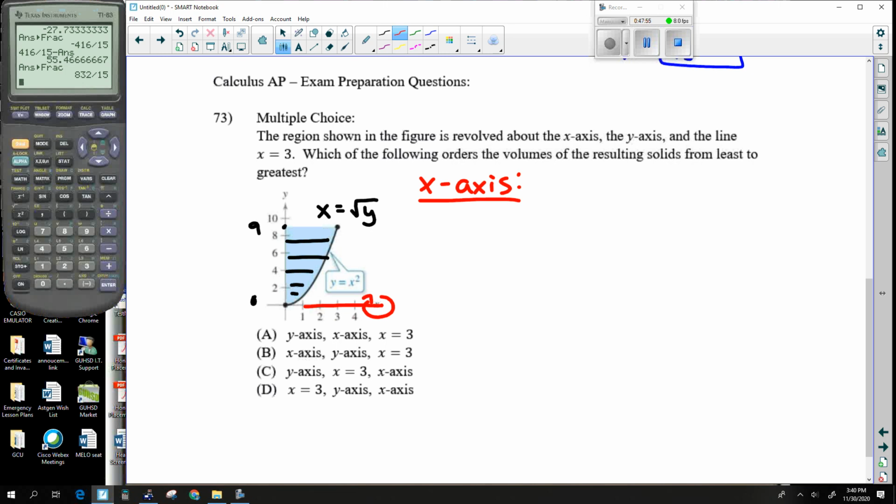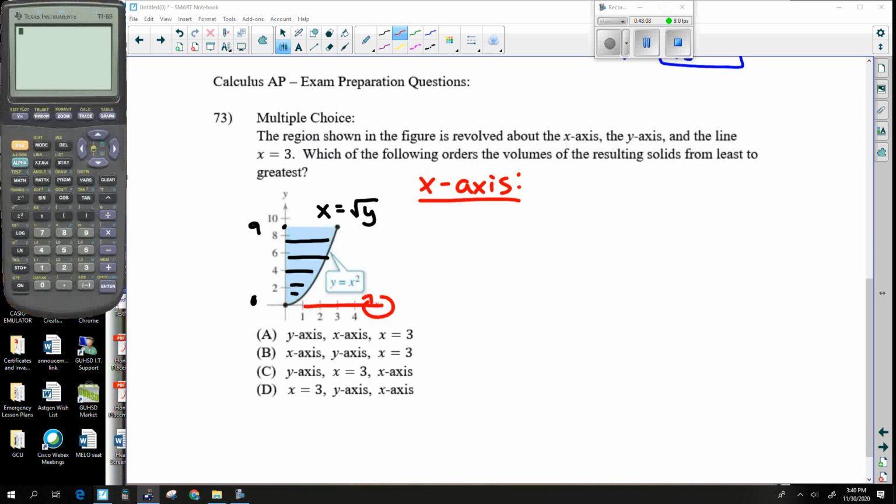Right, and I'm going to try to cheat as much as I can and use my calculator to come up with decimal answers. I don't want to drag this problem out longer than it has to be. All right, so here we go. We have to make sure we set it up correctly, though. So doing the shell method, this volume is going to be equal to 2 pi, 0 to 9, of y times the square root of y dy.